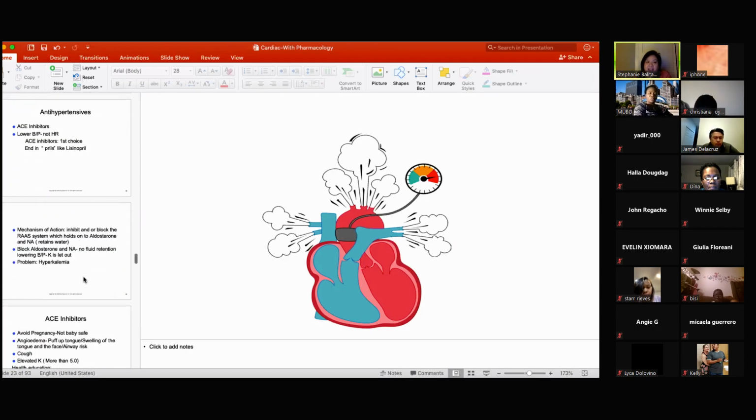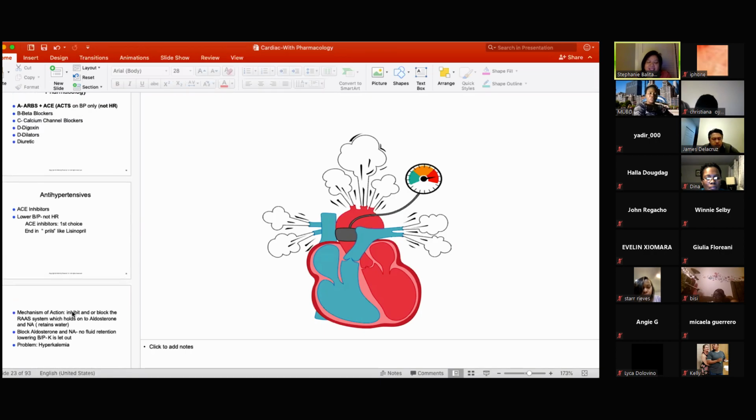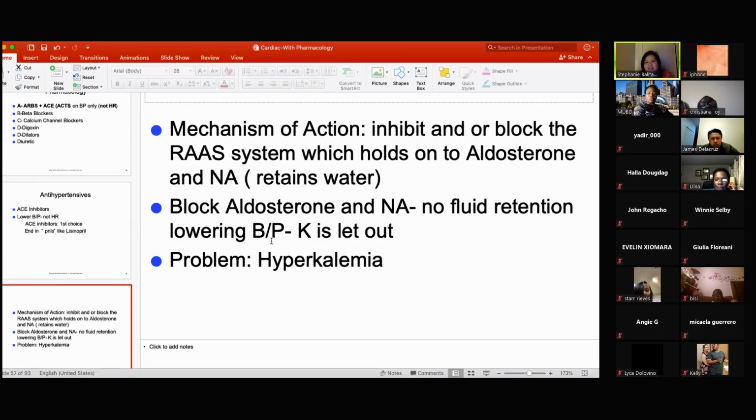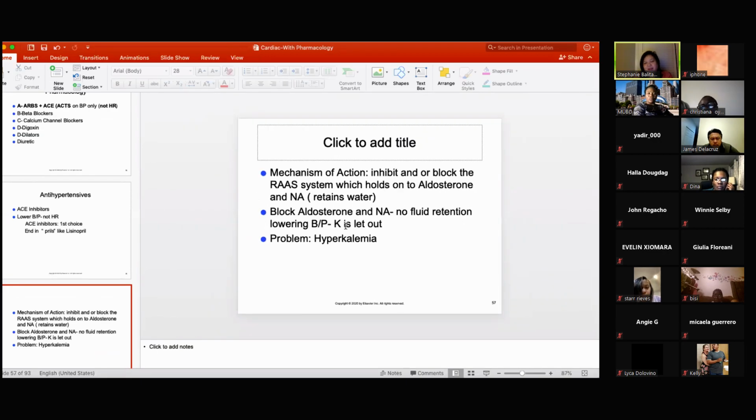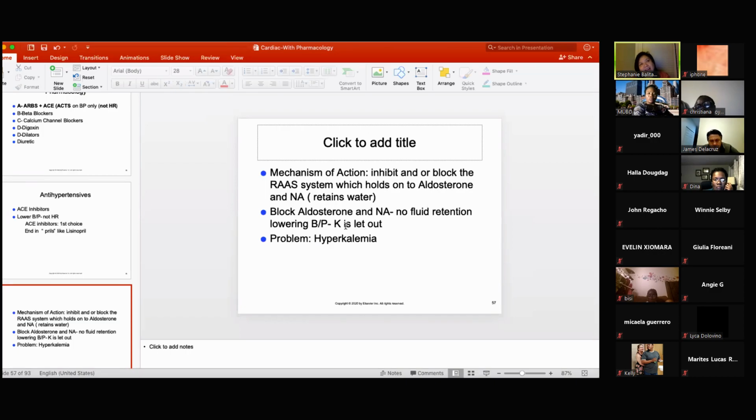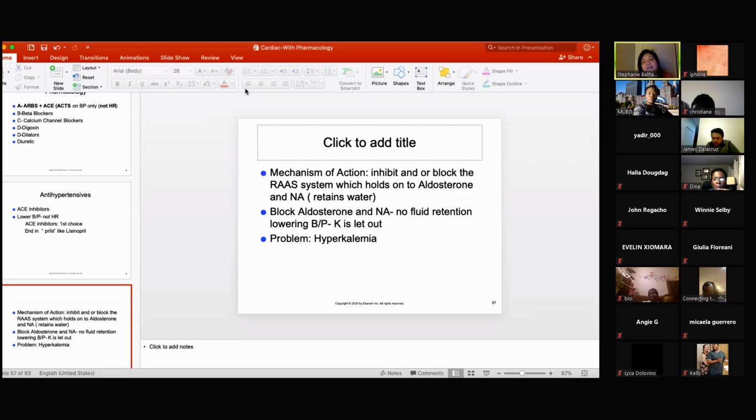However, because there's always a balance, right? If they're blocking sodium, okay, what is coming out? It's sodium and the partner is who? Potassium, right? So if you're blocking sodium, who's going to let loose? Potassium, right? So if potassium is loose, what are you going to have? High potassium.